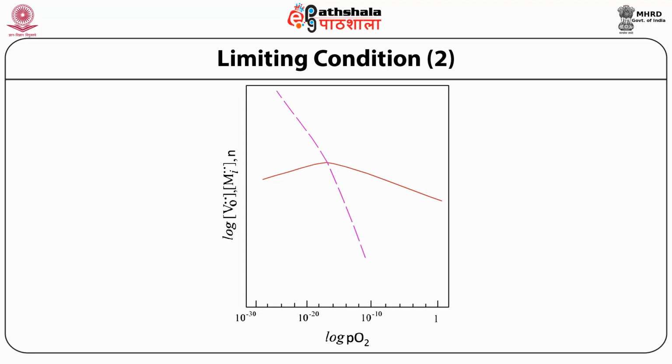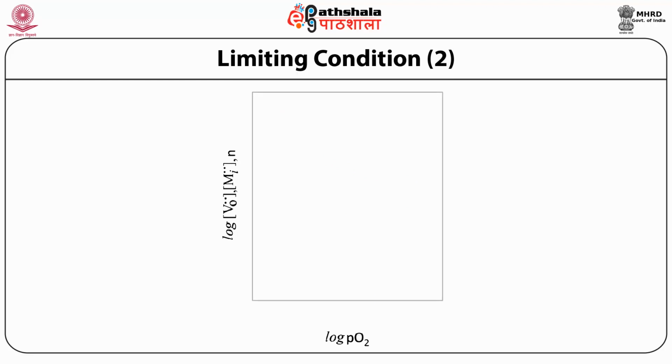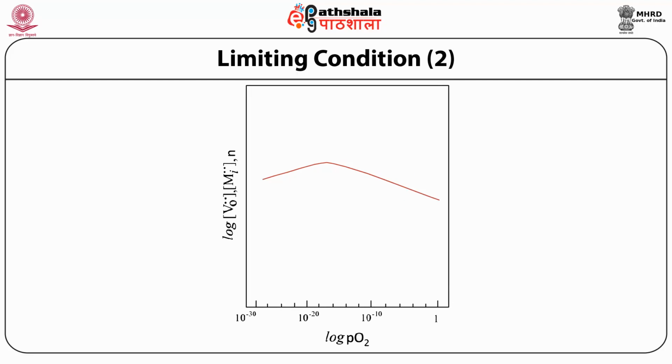Now we turn towards the case of metal oxide type oxides with deficiency of metal, which can be reflected either by metal vacancies or oxygen interstitials, or the presence of both metal vacancies and oxygen interstitials. Here we do the analysis only for metal vacancies, while the other two cases can be done in a similar fashion as we are doing the first case.